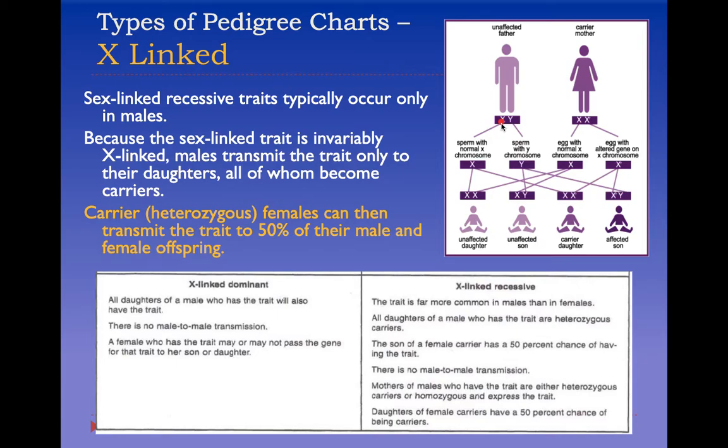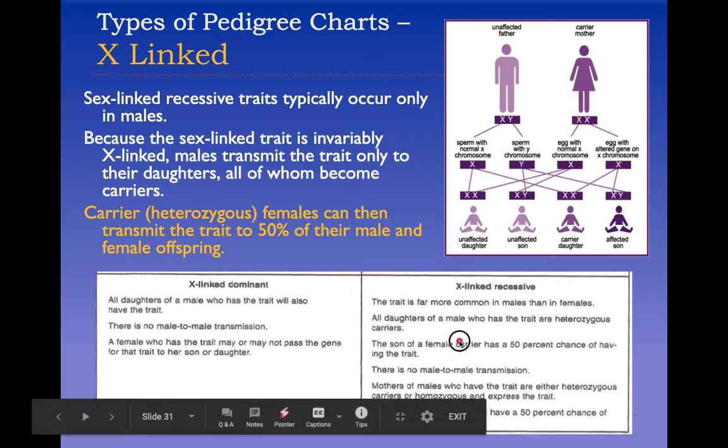If it's recessive and mom has the trait, she is homozygous recessive, right?